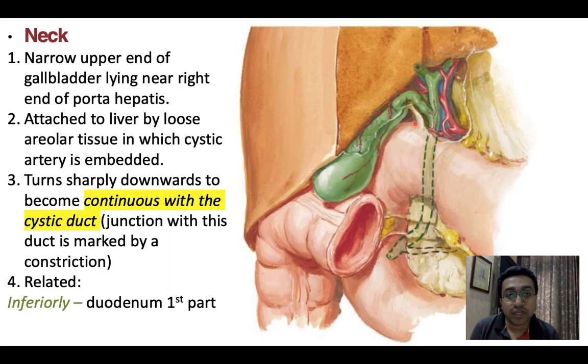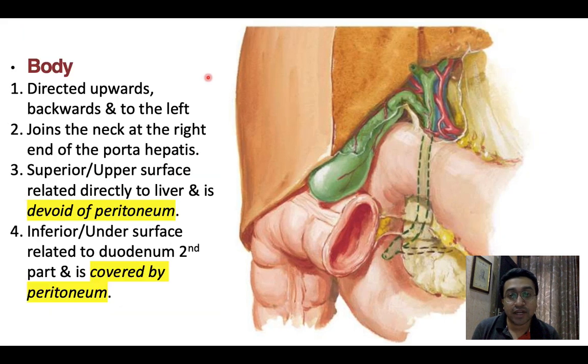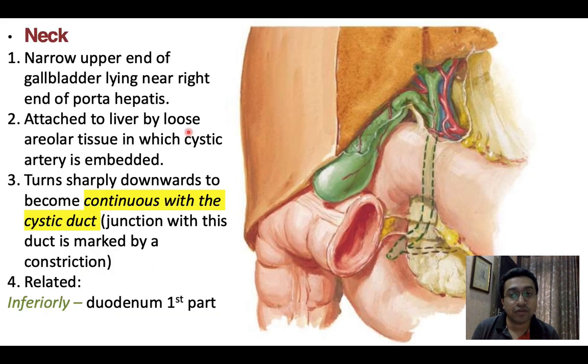Now we move on to the next part, the neck. The neck is the narrow upper end of the gallbladder lying near the right end of the porta hepatis. Again, you can notice the words right end of the porta hepatis. You need to pay attention to these words so that you can write them in the exam.